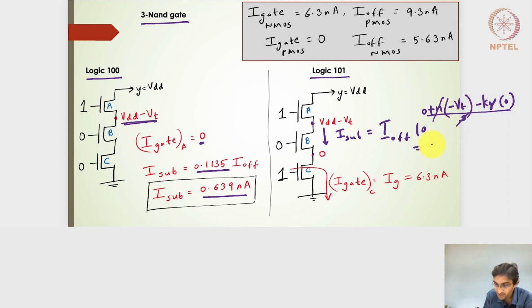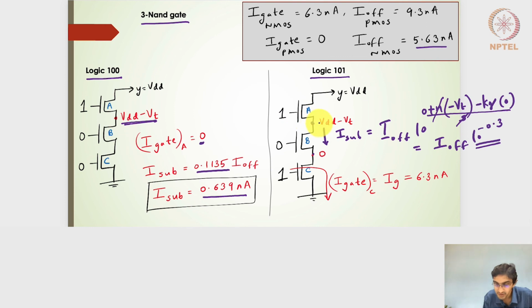So it is nothing but I off into 10 raised to minus of 0.3. So this turns out to be nothing but 0.5 value. Right, so 0.5 of the 5.63 nanoamperes.